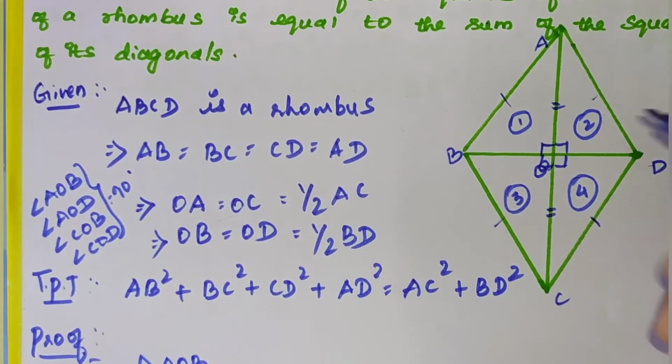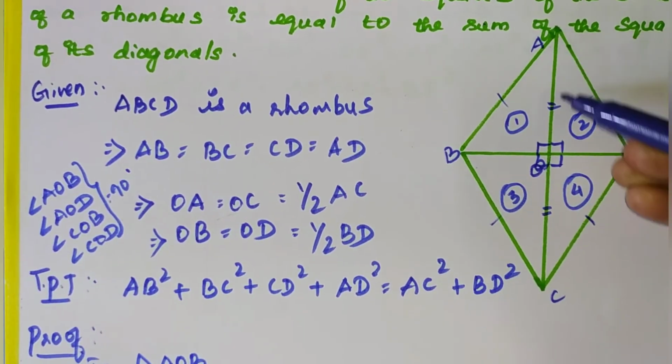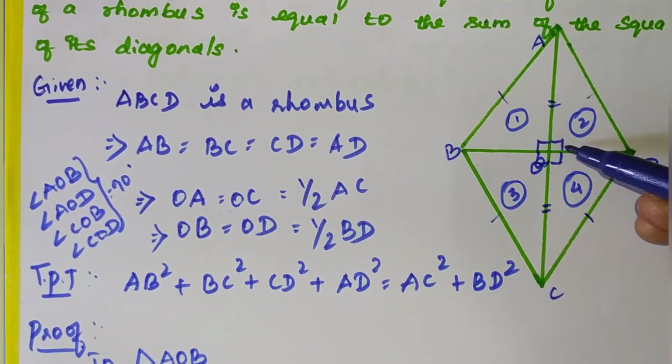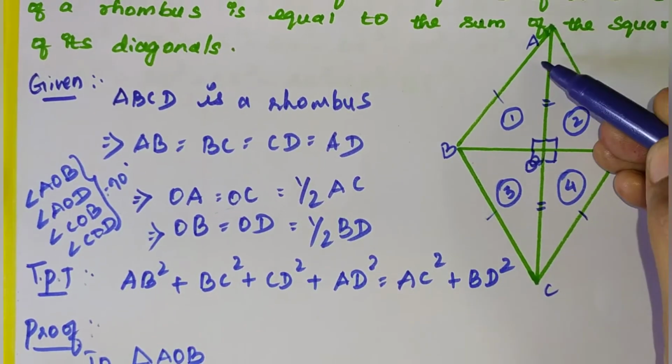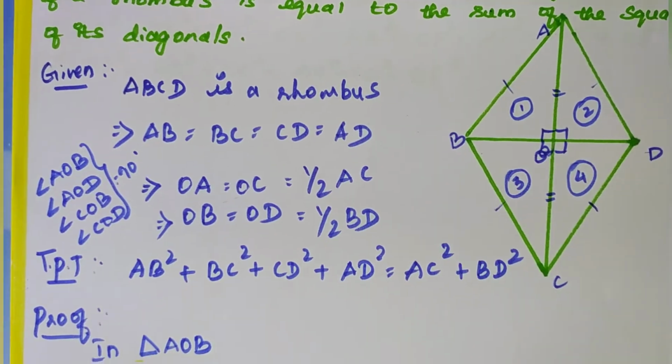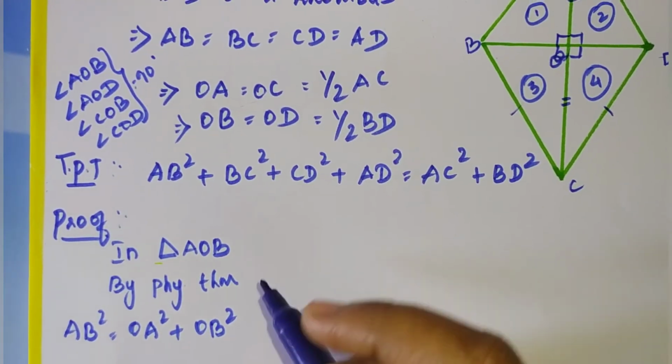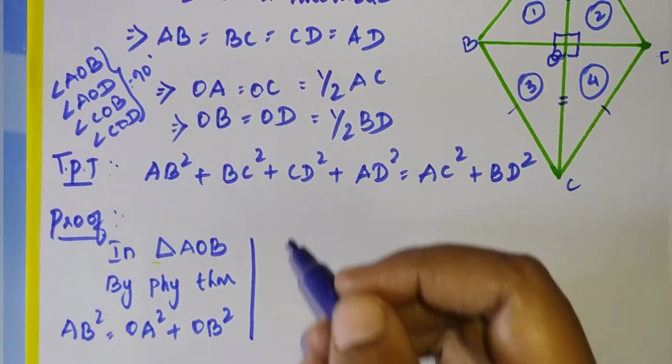In this triangle, the square of the hypotenuse is equal to the sum of the squares of the other 2 sides. So the first one is completed.